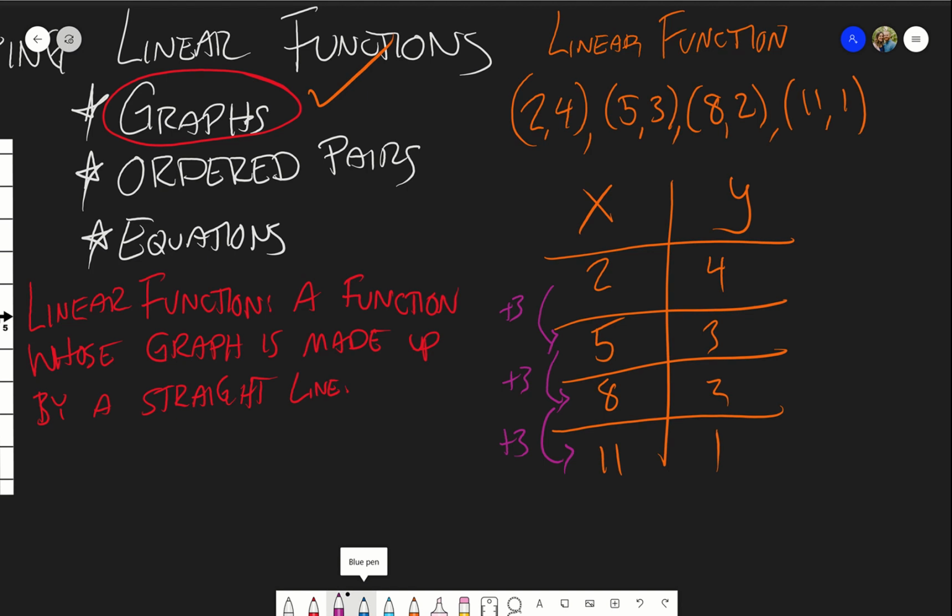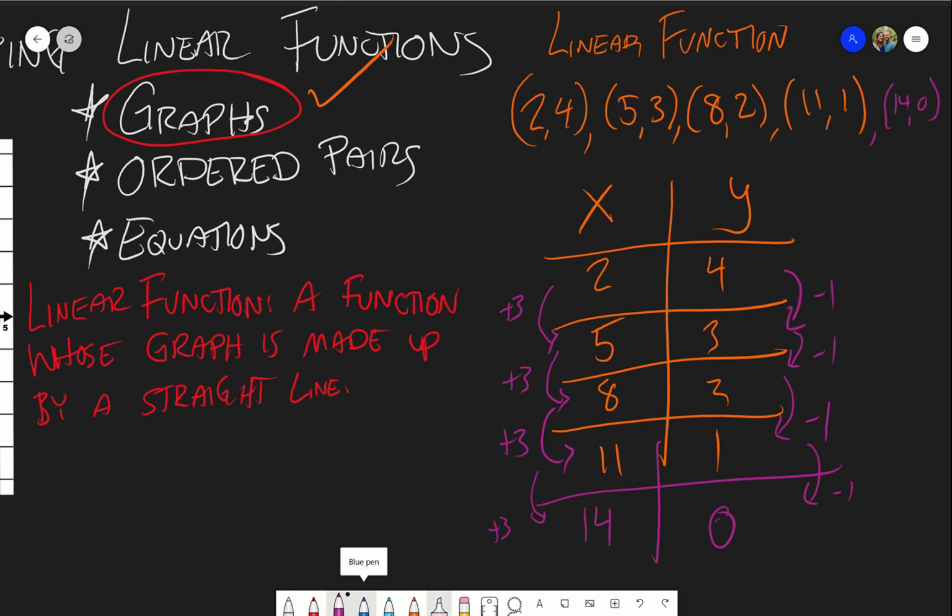It doesn't have to be the same thing I did with my x's, but are my y's all changing by the same rate? 4 to 3, I'm minus 1, minus 1, minus 1. Yes, this would be a linear function. If I wanted to take this one step further, I would add 3 to get 14, minus 1 to get 0. And I could put another pair in here at (14, 0).